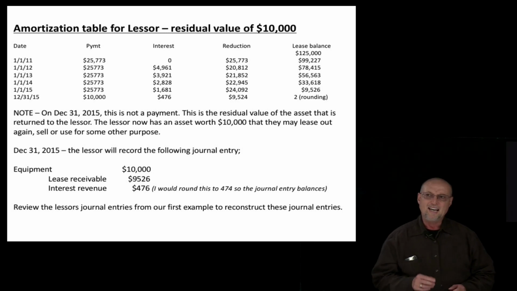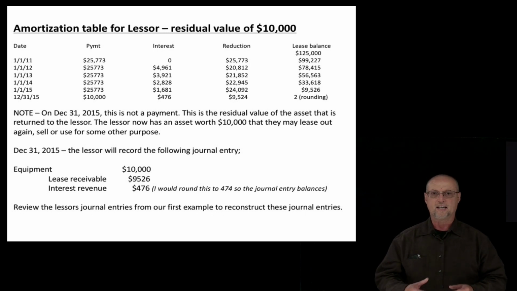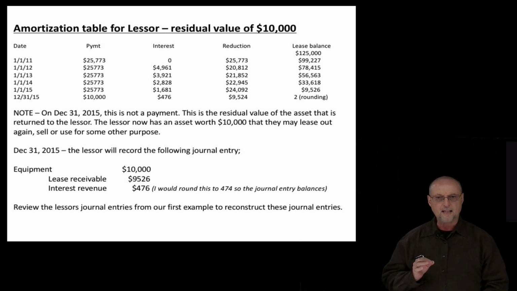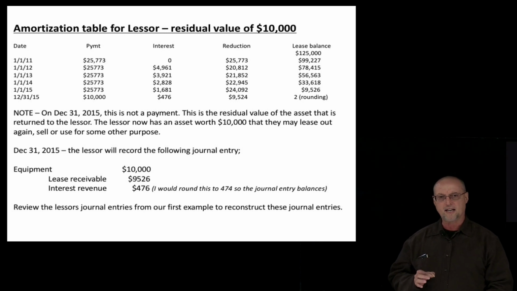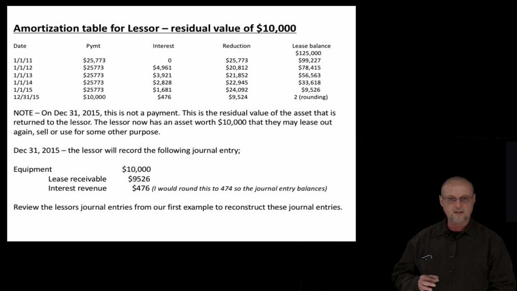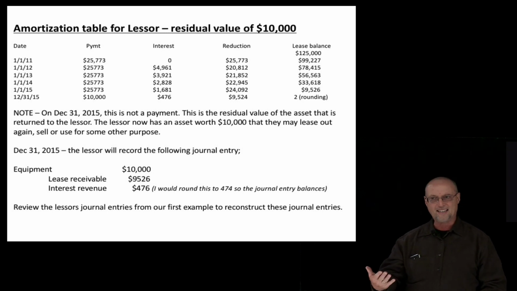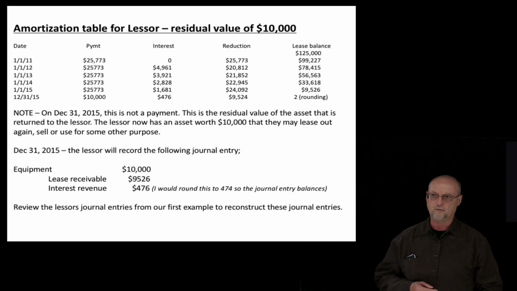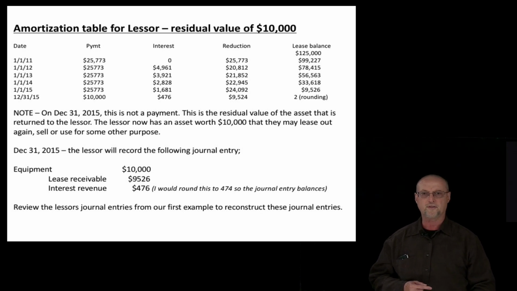Now, at the very end of the lease, the lessee gives back the old equipment, which has a residual value of $10,000. And remember, the lessor de-recognized this equipment at the beginning of the lease. They're receiving the equipment now, so now they have to recognize that they have the equipment. Look at the journal entry that the lessor records on December 31st, 2015.